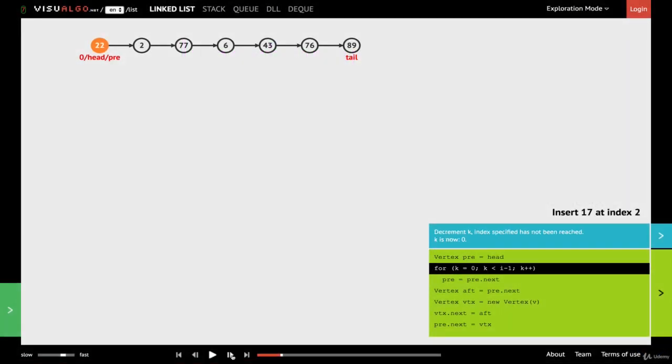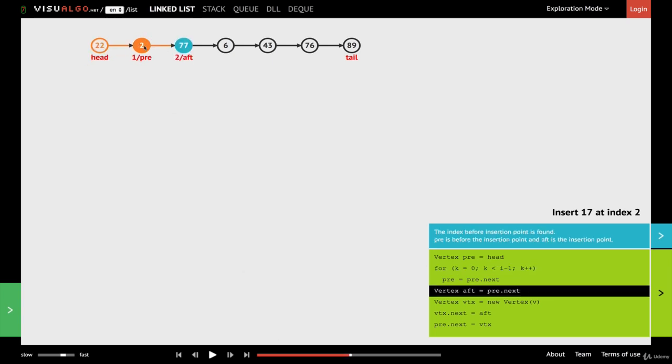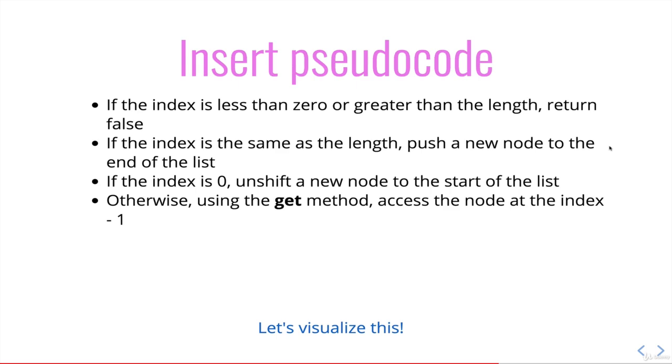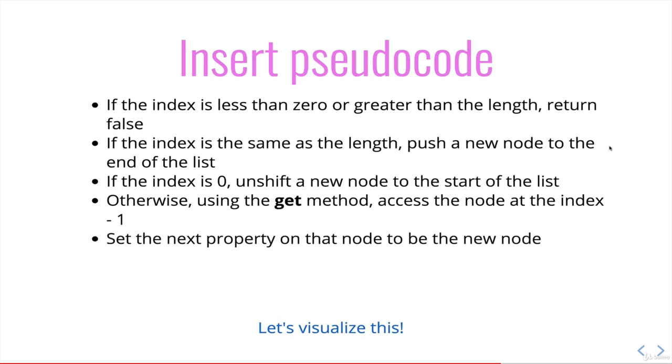So remember, if I was trying to insert 17 at index of 2, 0, 1, 2, we could call get on index of 1, which would give us this node right here. Then all that we need to do, once we have the previous node, the one right before where we're trying to insert, we take that previous node and we set its next to be the newly created node, which I didn't specify you need to create a new node, but you do. So we create the new node, we find the one right before it using get, and we connect that sort of pathway from the previous one to the new node.